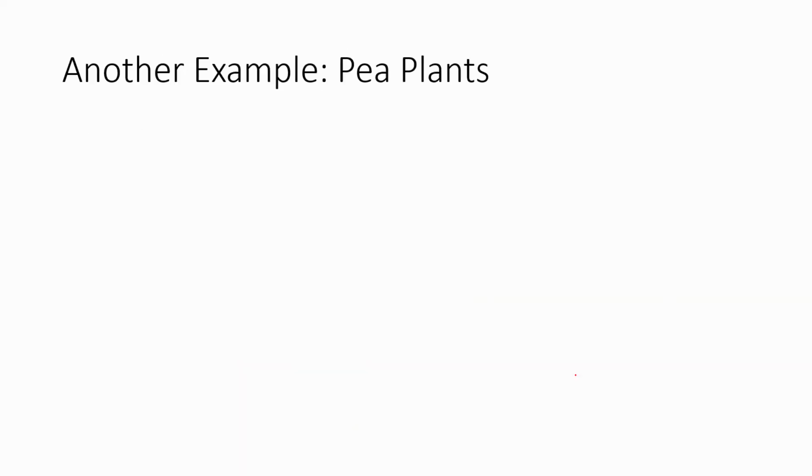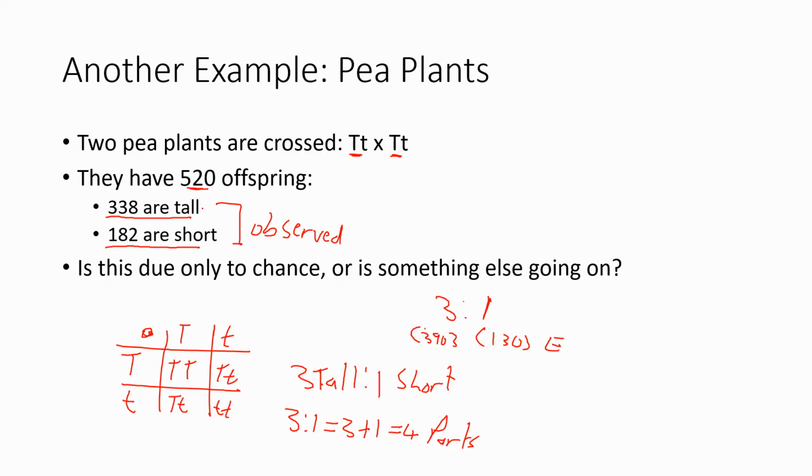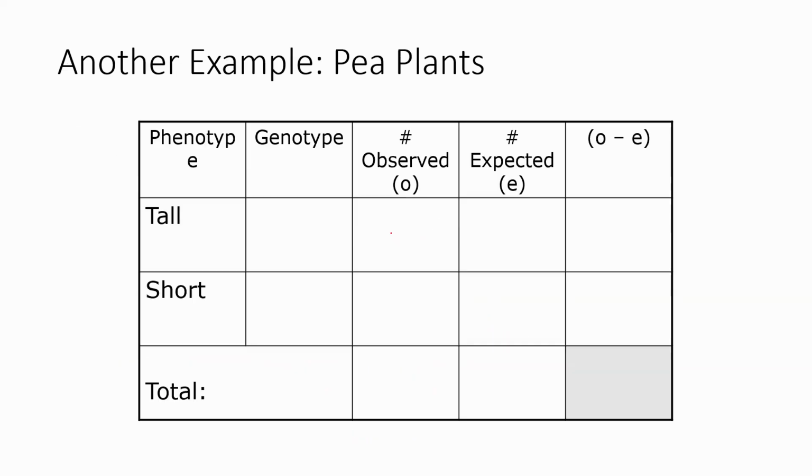So this is what we expect to get, okay? So we can do a table like this. So we have our observed and expected, right? So we have tall plants. What did we observe? 338 to 182. So 182, which gives us our 520.